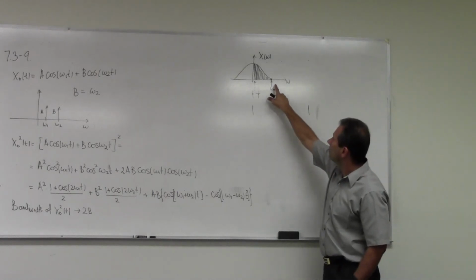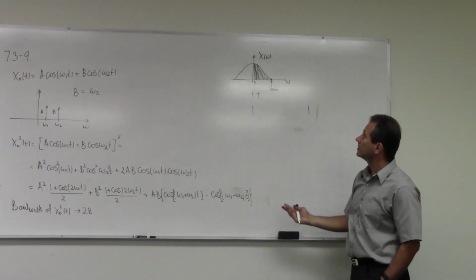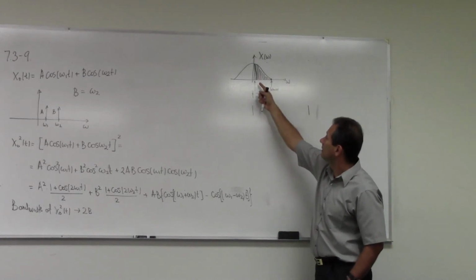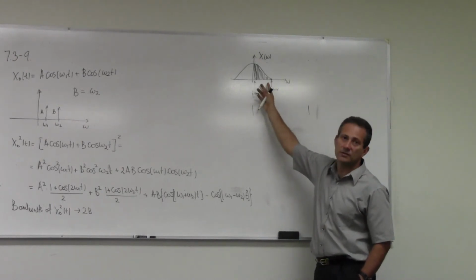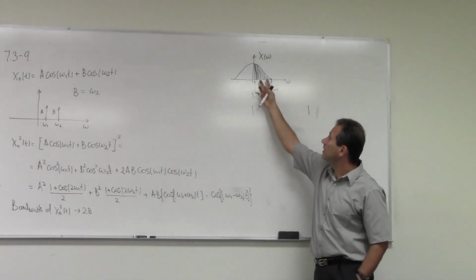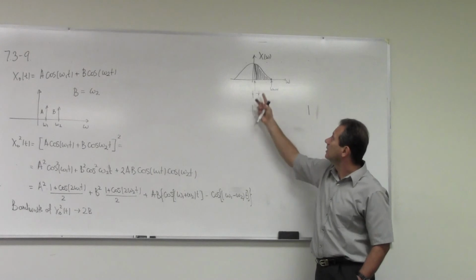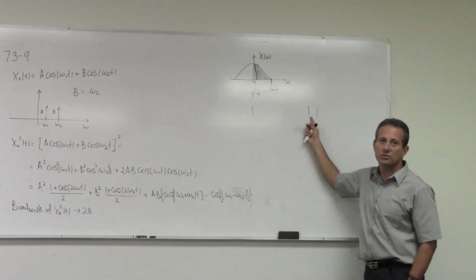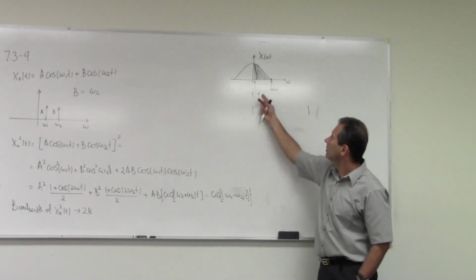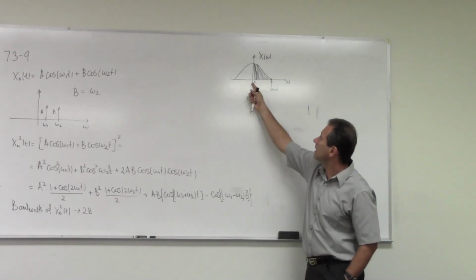Now, I'm going to get also the cross terms. The cross terms are going to be the sums and differences of the pairs of the spectral components. But you can see right away that if I pick 2 spectral components here, the sum will never exceed 2 times omega max, and the difference will also never be outside of this range.